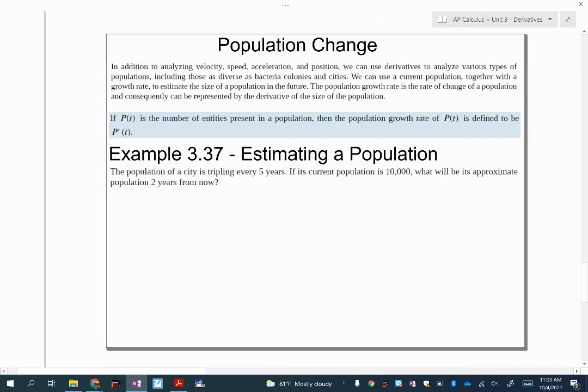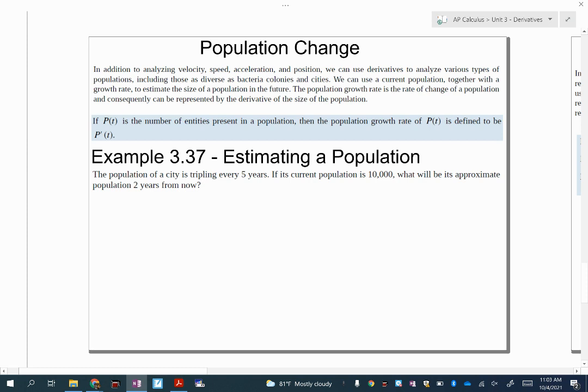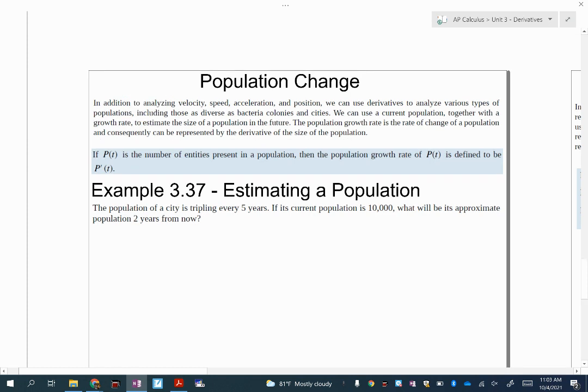Okay, let's keep going. The last two examples are about population change and then a business example about marginal revenue. So for estimated population, we're going to go back to one of the pieces we used in the very first question, which was estimating the change: f of a plus h is approximately f of a plus h times f prime of a.